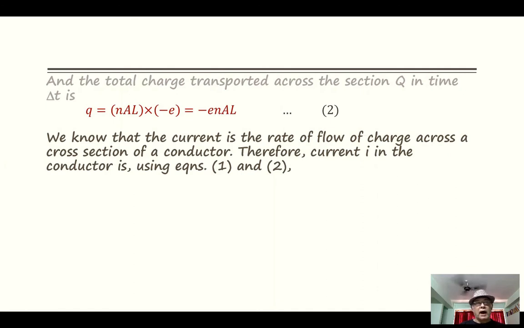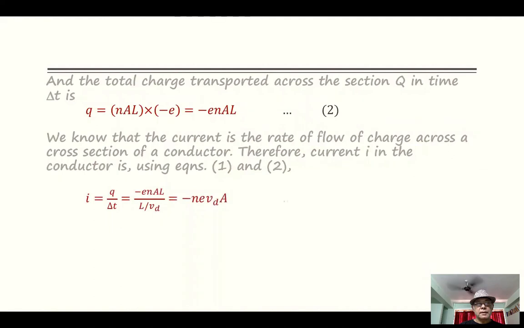Therefore, current I in the conductor is, using equations 1 and 2, I equal to Q by delta t equal to minus eNAL divided by L by Vd, equal to minus NeVdA.